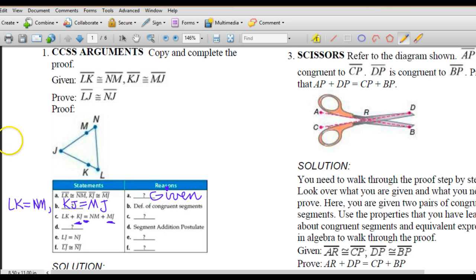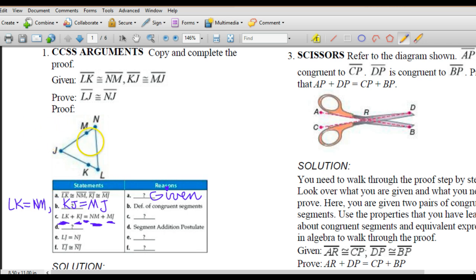So since I know LK and NM are equal, I can take this equation and I can add LK to one side and add NM to the other side because they're equal to each other. And then I get this statement. So I took this equation and I added this to this side and this to that side.